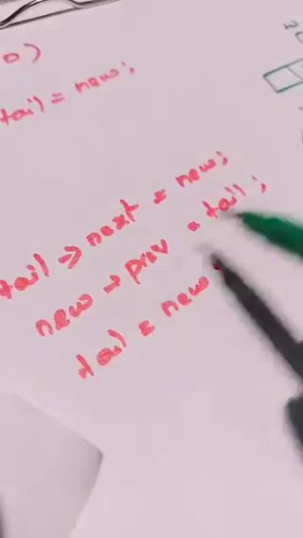Then new previous is equal to tail, which means the new node's previous will hold the tail node. And finally I have to assign the new node as the tail node, because tail will have the address of the last node. Clear?